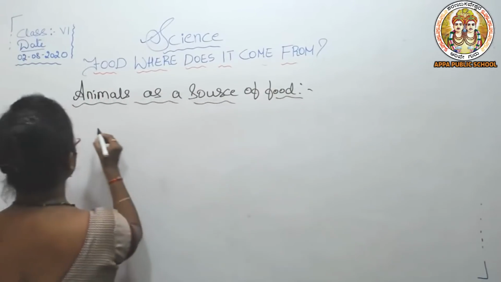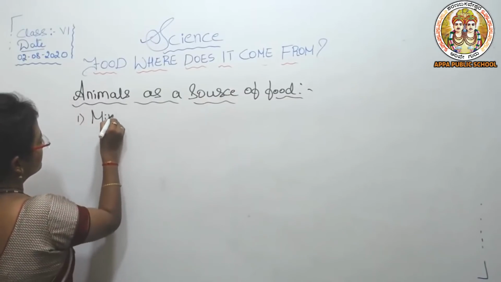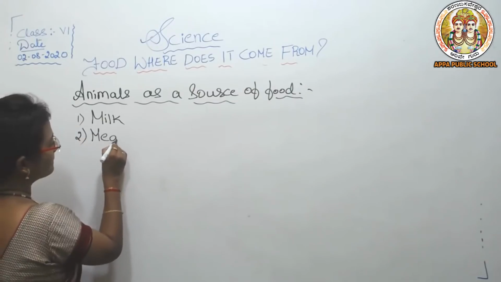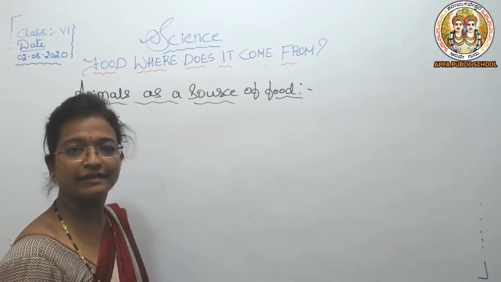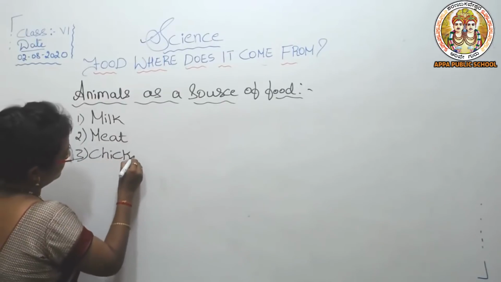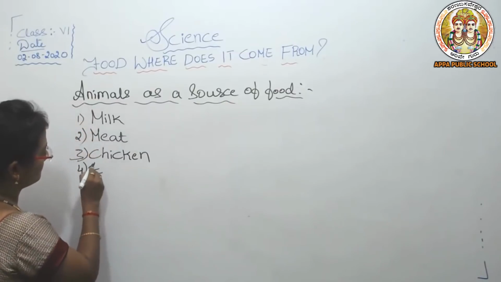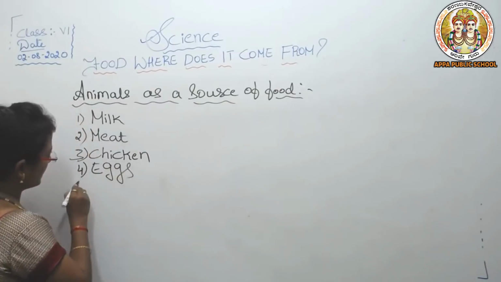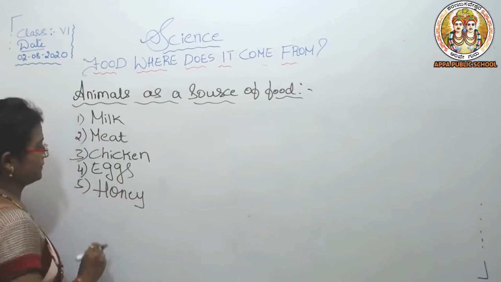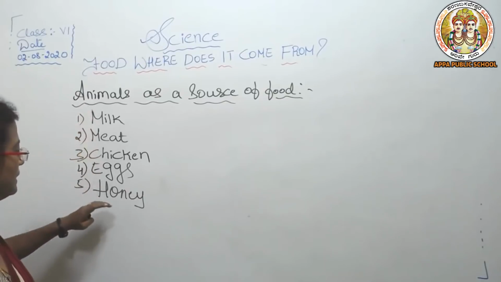What we get from animals, as I said before: we get milk, we get meat, chicken, eggs, and even honey. So we get milk, meat, chicken, eggs, and honey.